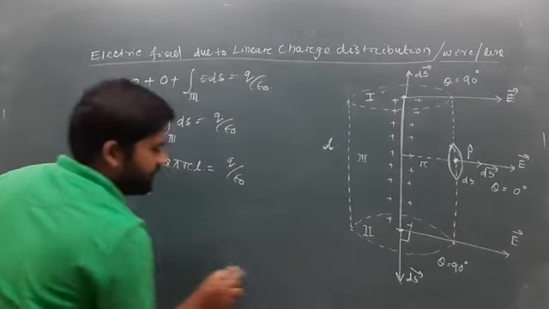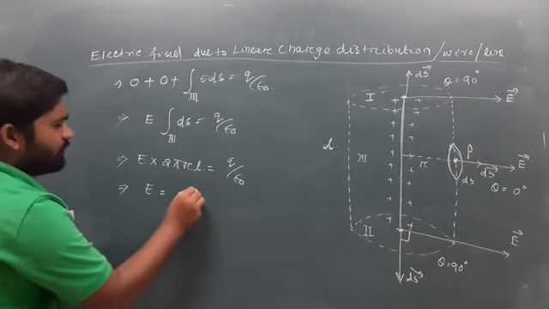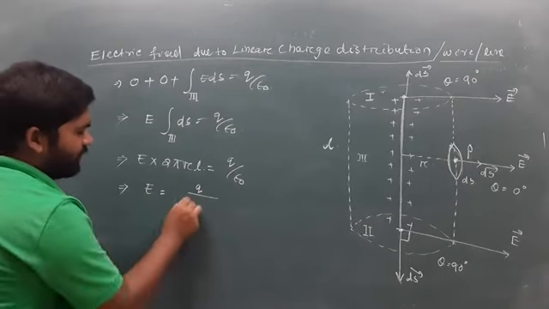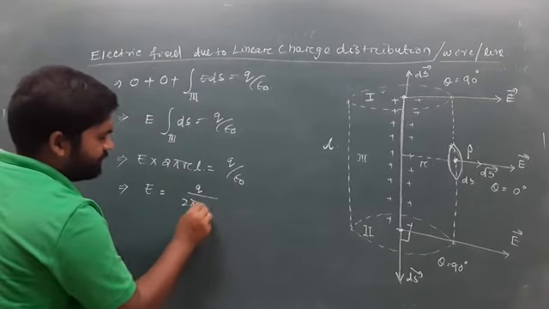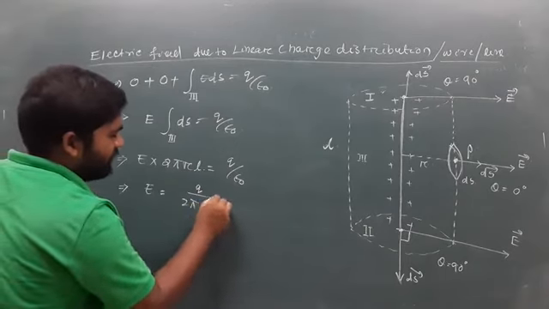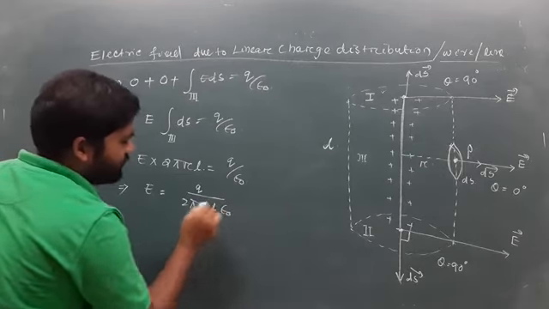That is the electric field. So E equals Q divided by 2 pi R L epsilon naught.